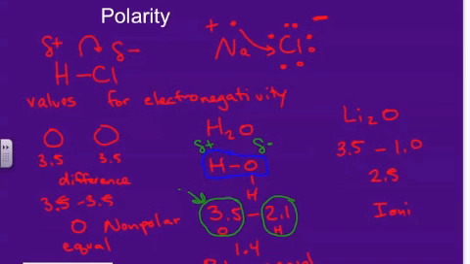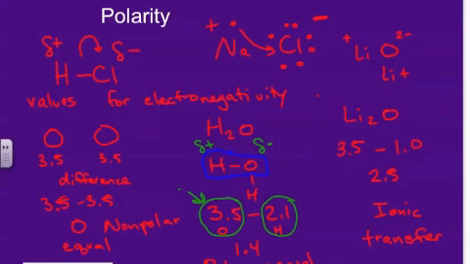This means it's not only unequal sharing, we actually have electron transfer going on. So what happens instead is that between this lithium and this oxygen, lithium has a positive charge. Since oxygen got both of those electrons, it has a 2 negative charge.